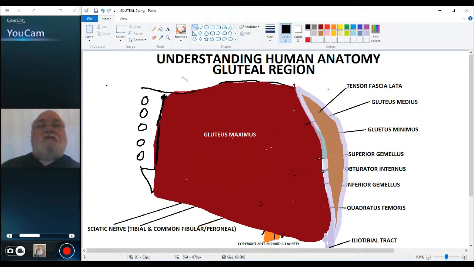Our torso does balance on those spherical heads of the femur, and this muscle actually spans anterior to posterior around the femur itself, so that it can be used to make fine corrections in balance to keep us upright on those femur heads.